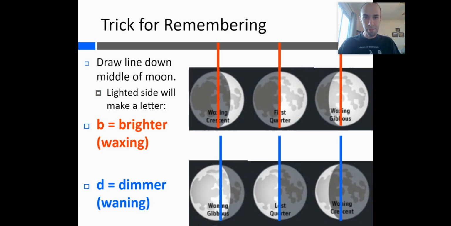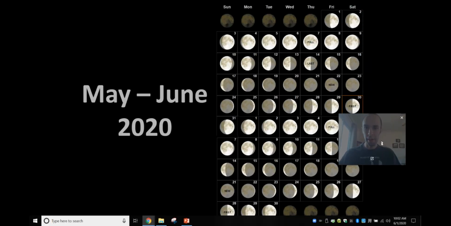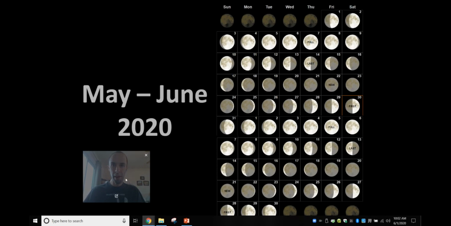This is interesting because the whole entire cycle of phases takes about a month. Technically speaking, and this is another phrase to remember, it takes 29.5 days to go from phase to phase. Phase to phase, 29 and a half days. So if you look, this is the months of May and June of 2020.